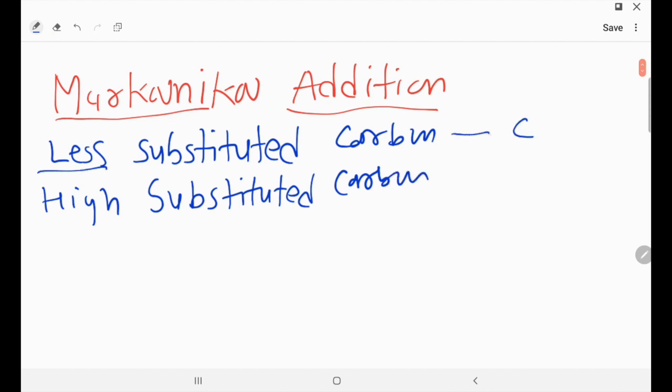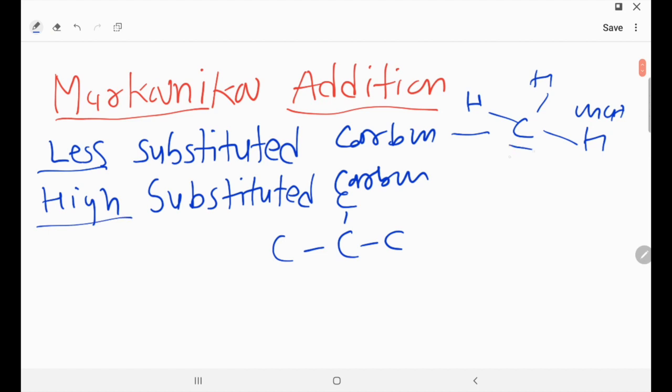It is the carbon which is attached to the maximum number of hydrogens. Clear? Maximum hydrogen. And highly substituted means the carbon which is attached to the maximum number of carbons. So this one is considered a highly substituted carbon and this one a less substituted carbon. This is a very important thing.